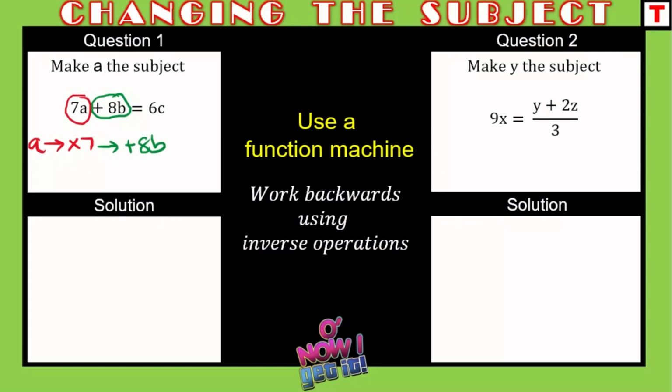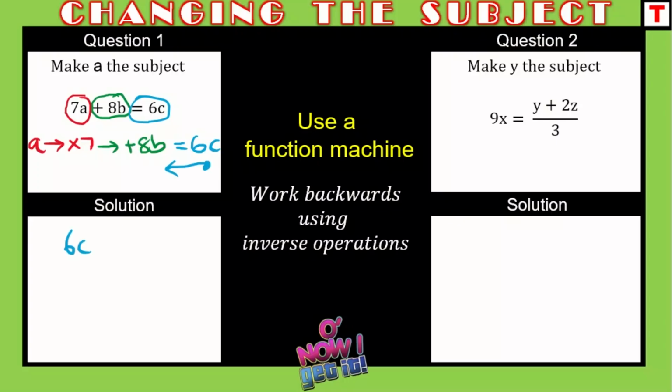And finally, we have an output of 6C. Therefore, we're going to now work backwards using inverse operations from 6C, going all the way back to A. So let's start with 6C.